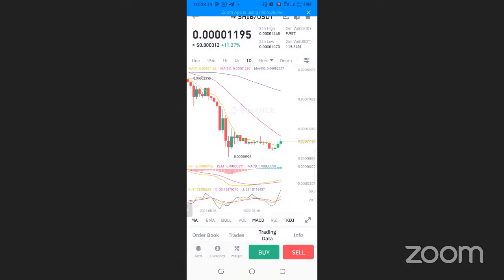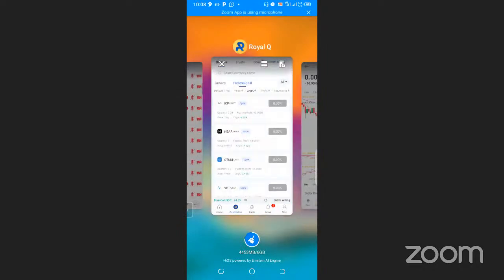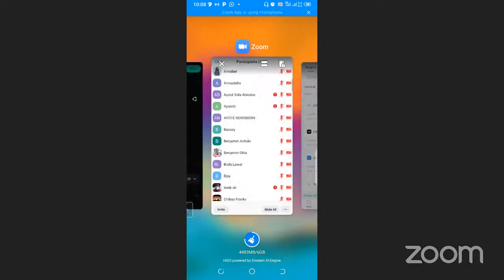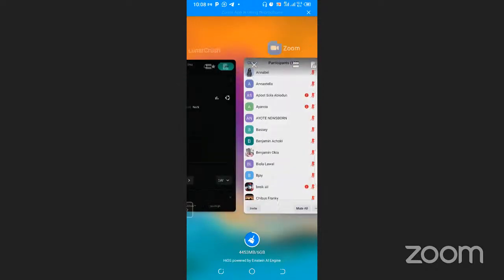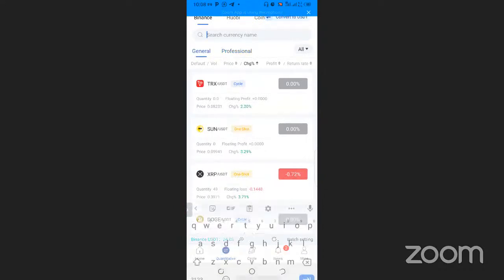Our take profit in Shiba Inu will be just only 1.5%. That's what we are going to take.